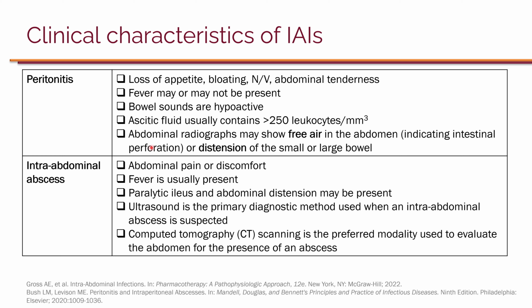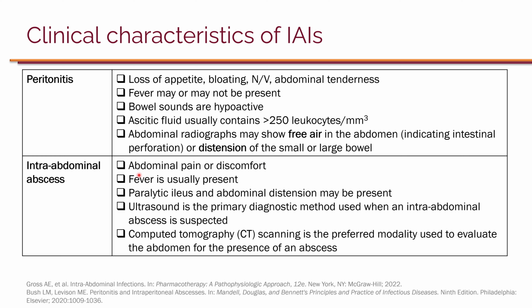And on imaging, abdominal radiographs may show free air in the abdomen, which indicates perforation or distension of the small or large bowel. For abscess, again, there will be abdominal pain or discomfort. In fact, for pretty much all intra-abdominal infection, there will be some sort of abdominal pain in various regions of the abdomen. So you can think of it in quadrants, so upper left, upper right, lower left, and lower right quadrant, and that region can sometimes indicate what type of intra-abdominal infection.